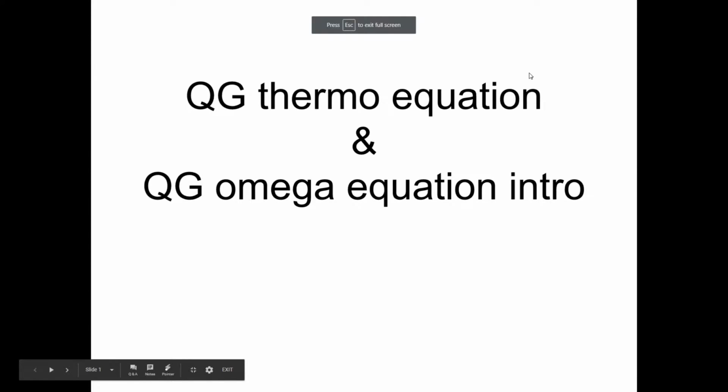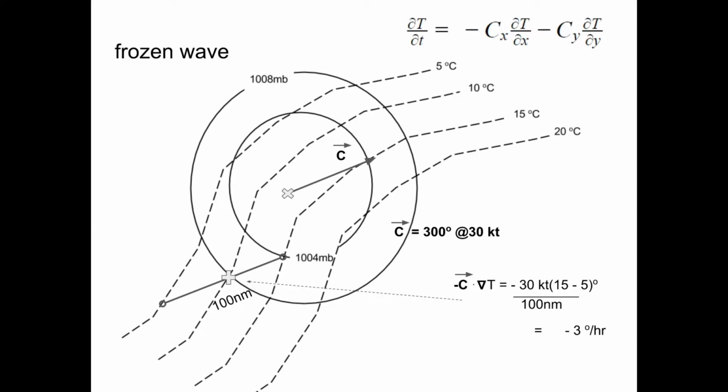So to provide a little bit of background on the quasi-geostrophic thermodynamic equation, we're actually trying to get to the quasi-geostrophic omega equation, so I'll go ahead and introduce that today as well. This combines the thermo and vorticity equations to come up with an equation that allows us to diagnose vertical motion when we can assume that we're dealing with synoptic scale flow.